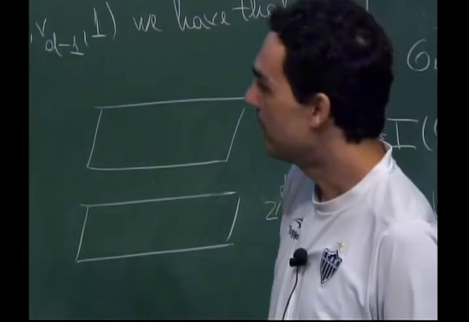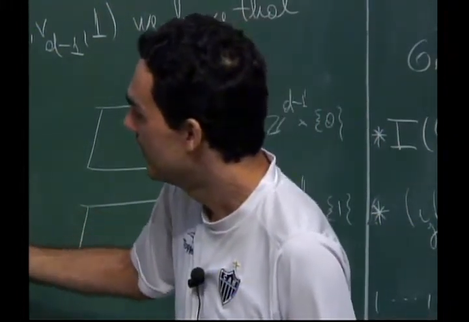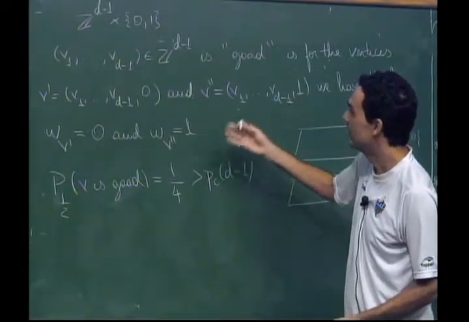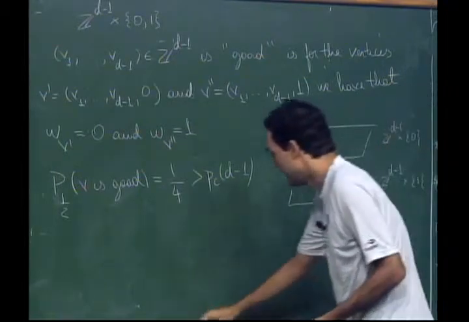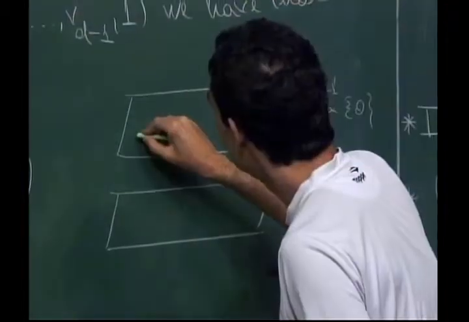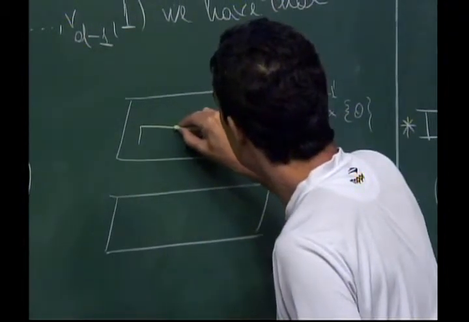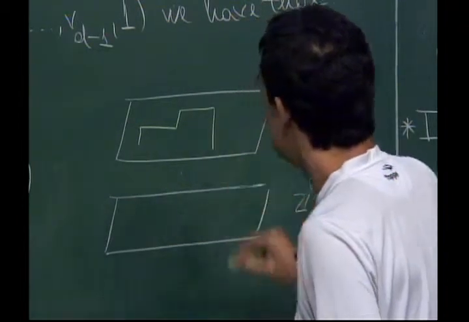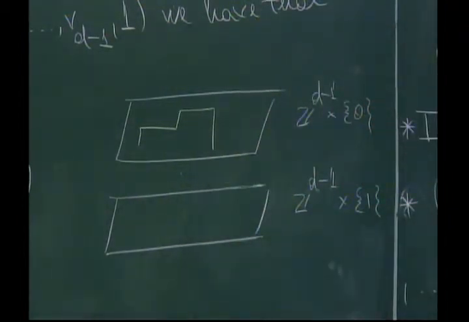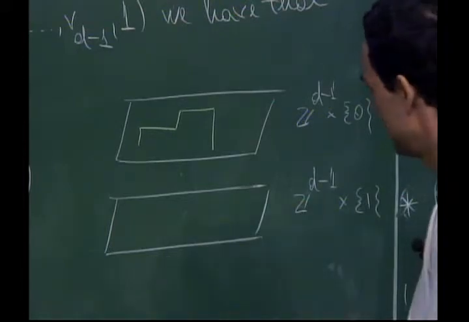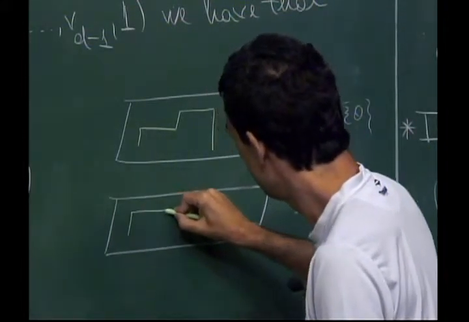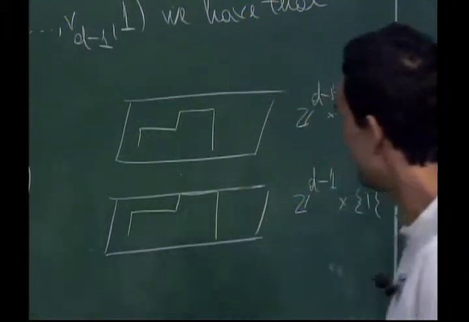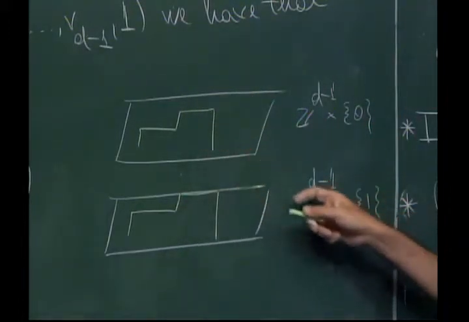If I have percolation of good vertices on Z^(D-1), this implies that I have some infinite path of zeros here, and just below an infinite path of ones here.